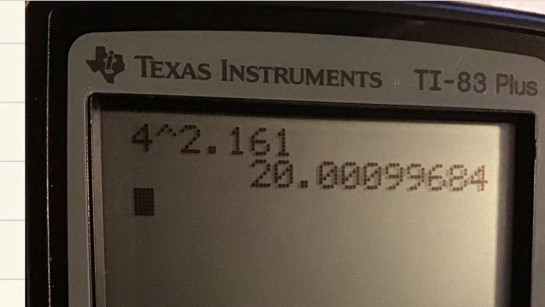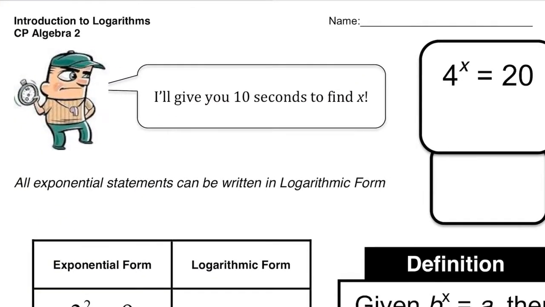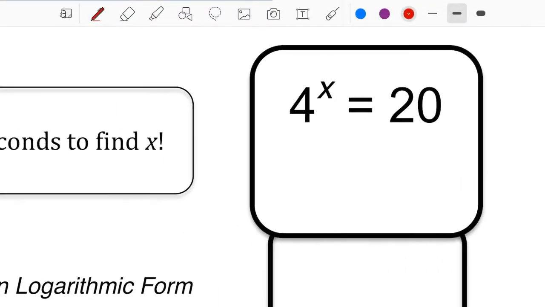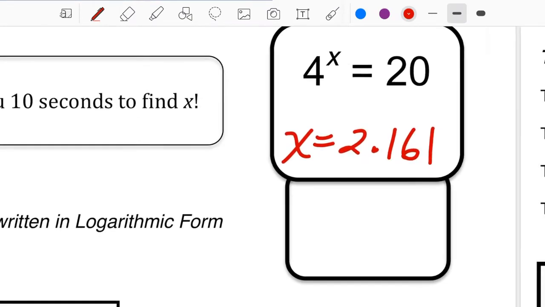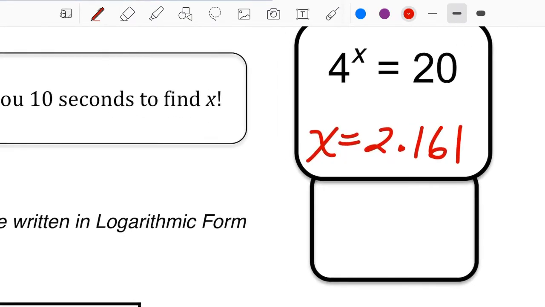So it looks like our exponent exists. And again, to 3 decimal places, we could say that that exponent is 2.161. Now, here's the thing. That number is a logarithm. It's the log base 4 of 20.